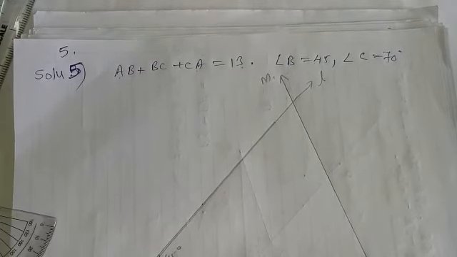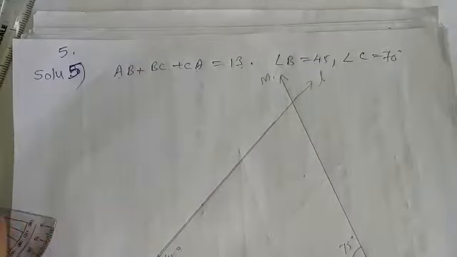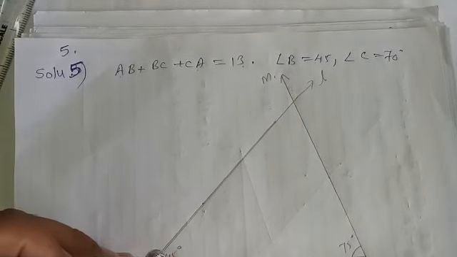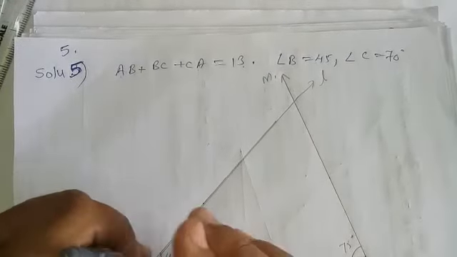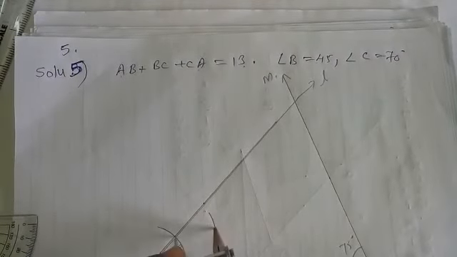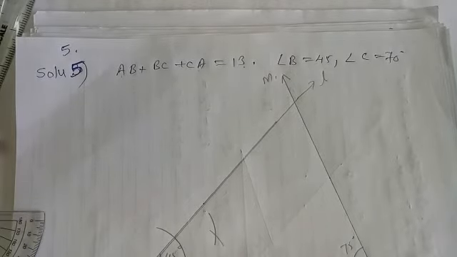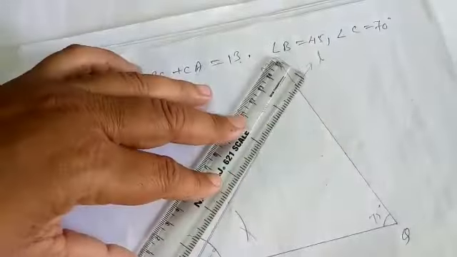Now bisect angle 45 and 75 degree. You know angle bisector from class 6. You know how to bisect the angle. It is called an angle bisector.